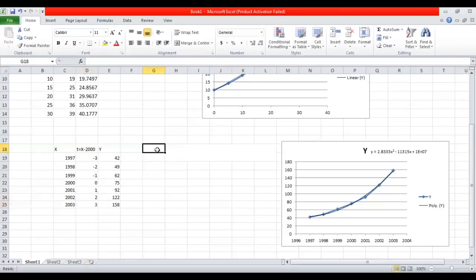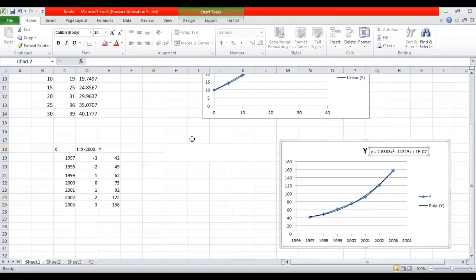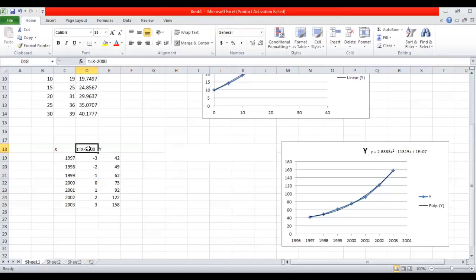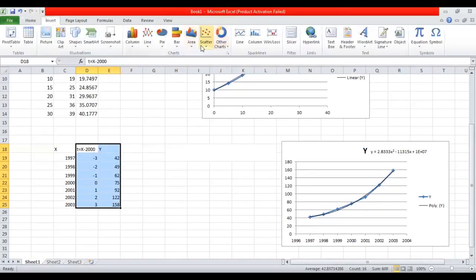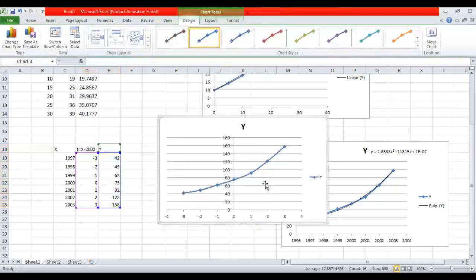So by using t and y values, we fit this equation in terms of t, because to get simple calculations, because here we get 1e power something. So for this given data, suppose this x I have converted to t. So select this data. Now from insert and scatter, click on any type of chart.